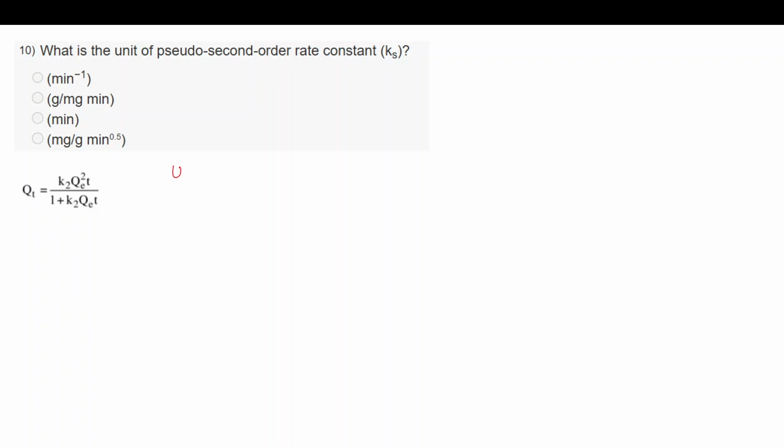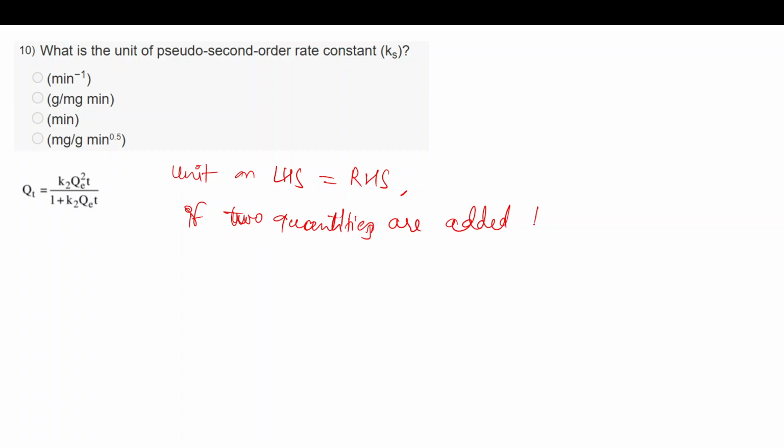One is that the unit on the LHS is equal to the RHS, and if two quantities are added, then they both will have the same unit. So these two rules you can apply here.